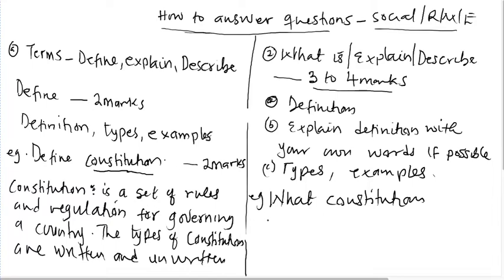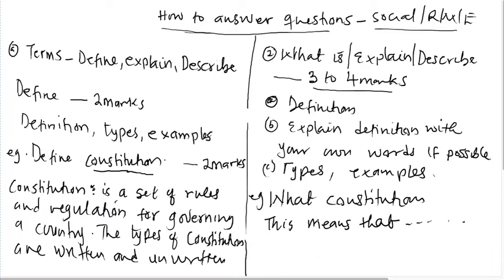Then you go on and say that this means that, is where you bring the meaning. This means that there are laws that we use to govern a country. Then you elaborate it that they are the supreme law of the land. It is the highest law.